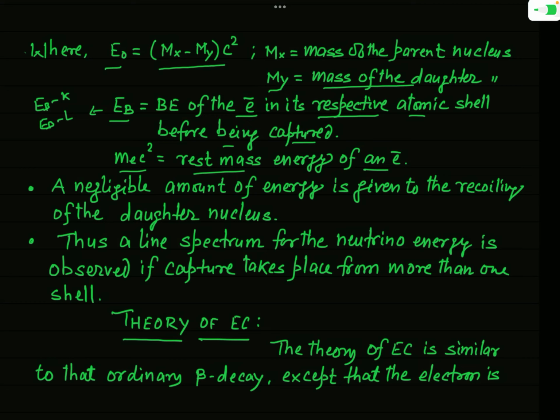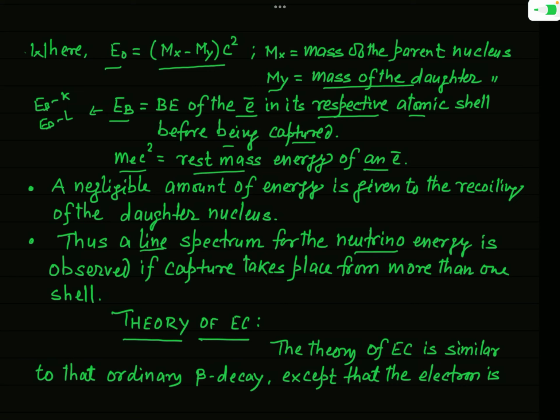So actually, as E_B varies for the capture of electron from different cells, the spectrum of the neutrino energy observed in this process will be a line spectrum.